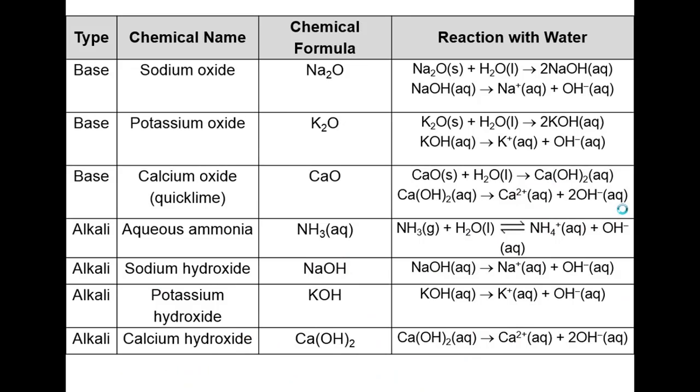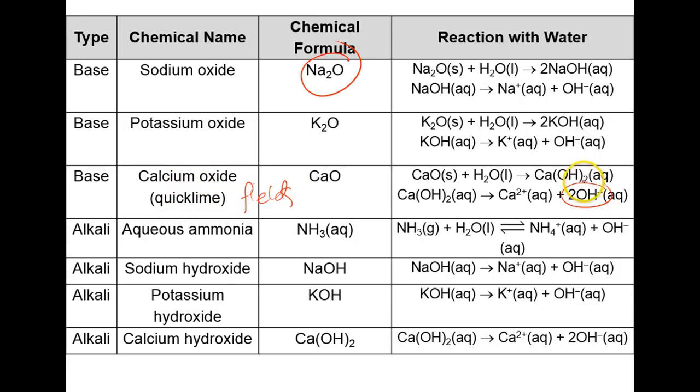So here are some of the common bases and common alkalis which we encounter. The one which I already mentioned earlier here, Na2O. Potassium oxide, calcium oxide, or quicklime. This is used to lime fields, farming fields. Notice this releases OH-, so if there's a mild acid rain attack on a farm and the soil is too acidic for plants to grow, the farmers can actually use quicklime, scatter over the field.